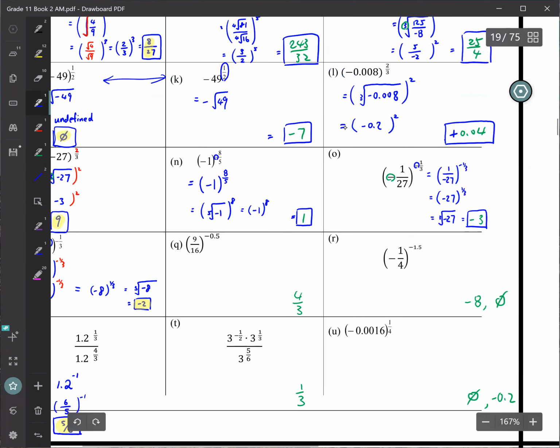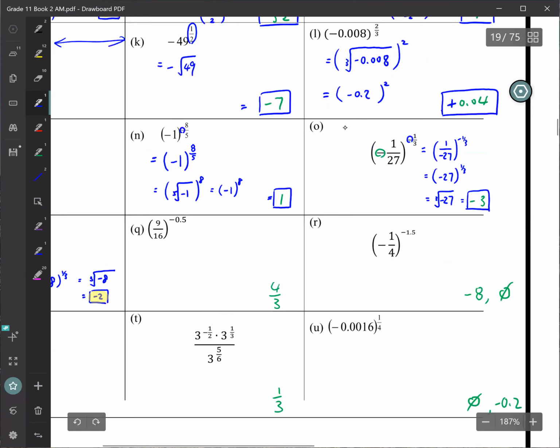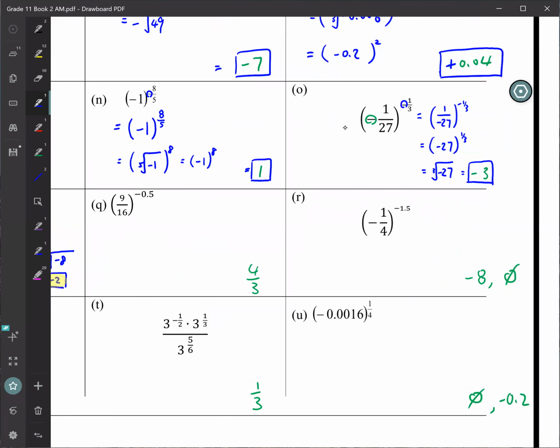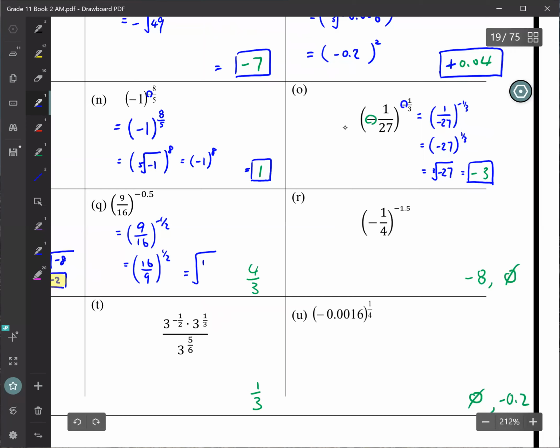Okay, so far just a little mistake on the sign. Okay, we got 4 more. So this one is -1/2, right? We'll flip it, 16/9. And then that will give you a square root, which is 4/3.